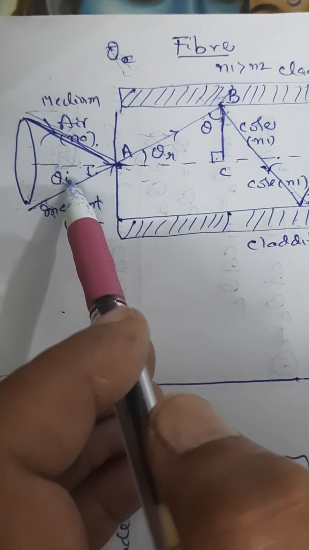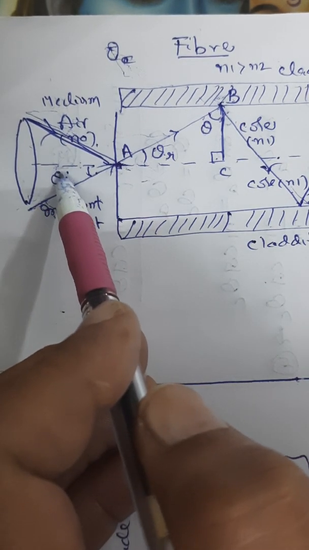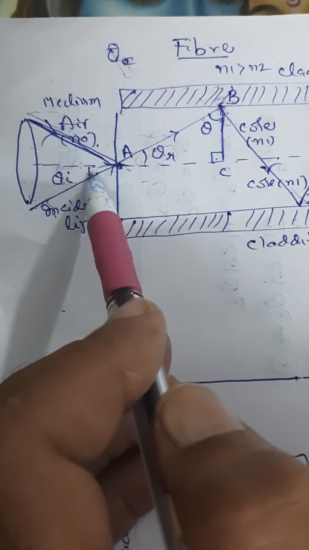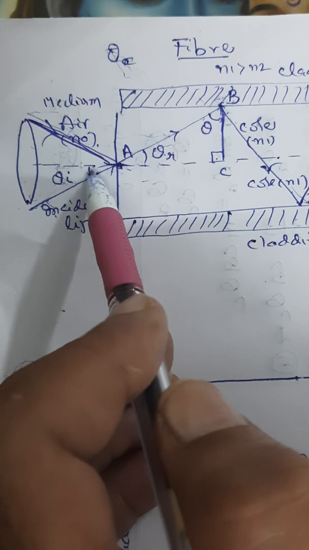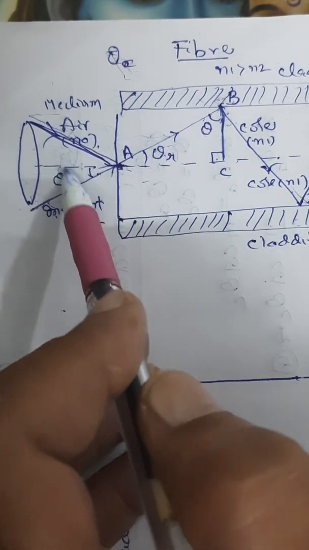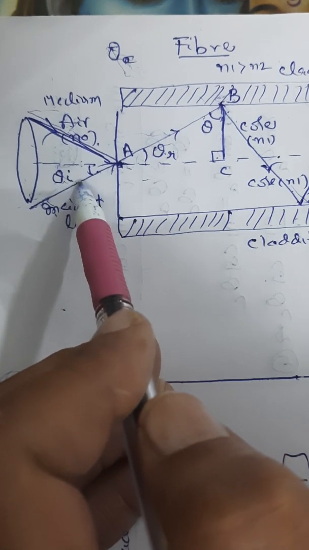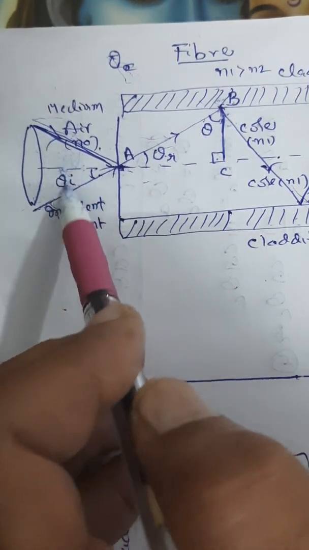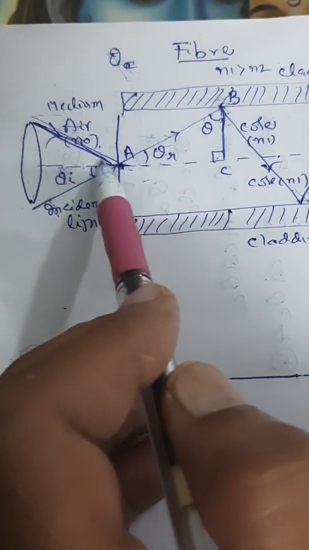So what should be the light gathering power of an optical fiber? The light gathering power of an optical fiber depends on the acceptance angle. So it has a value. This cone allows the light to fall through.